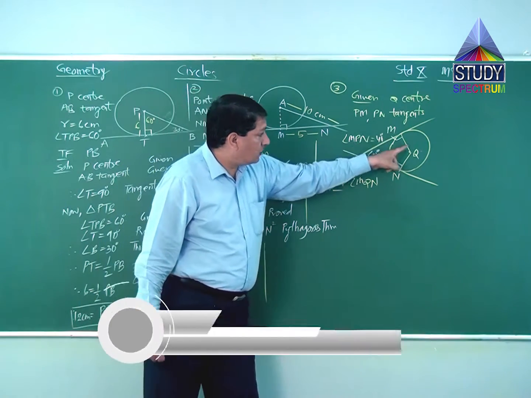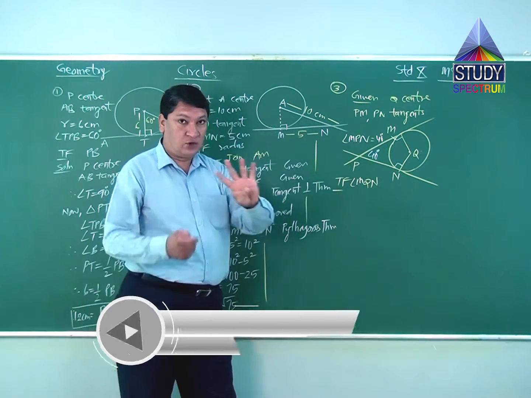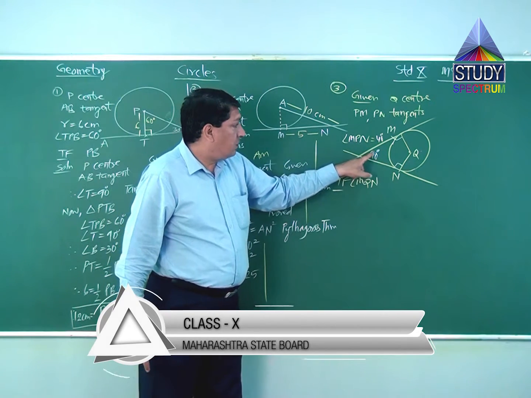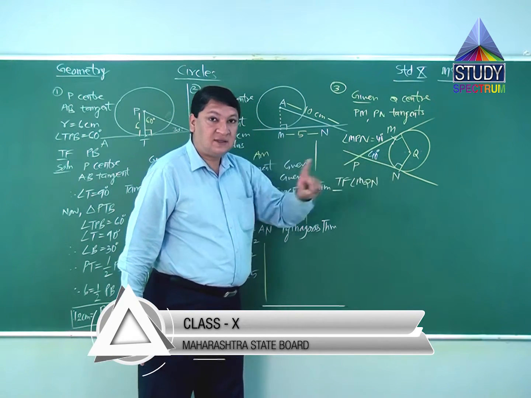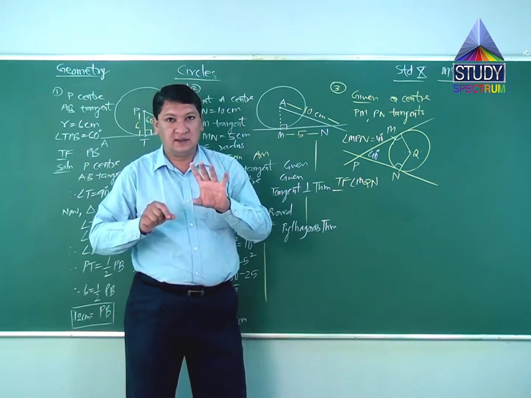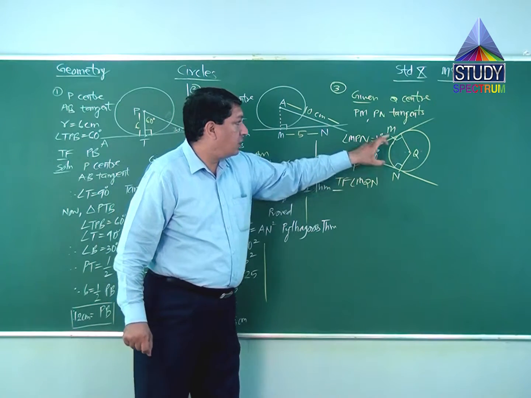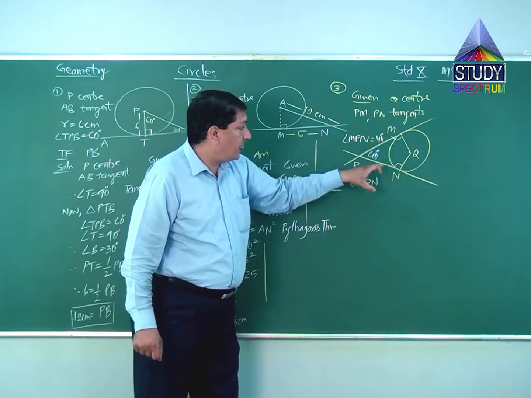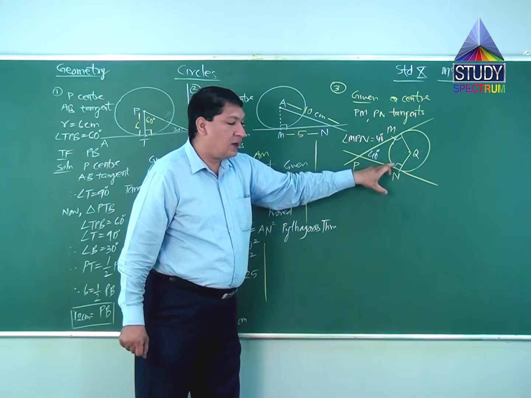Now we can make out it's a quadrilateral. It has got four sides. So it is a quadrilateral. Sum of angles of a quadrilateral is 360 degree. Like in a triangle, sum of three angles is 180 degree. Same way, in a quadrilateral, sum of four angles is 360 degree. Now out of these four angles, these three angles are known to us.